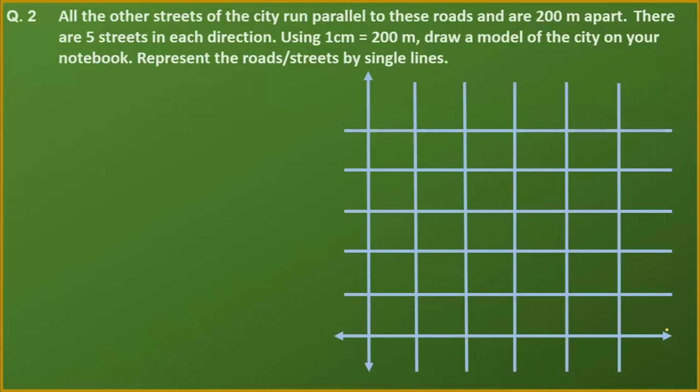In this model, the arrow lines you are looking at show the main roads, and along with them I have drawn 5 vertical lines to show the parallel roads, and 5 horizontal lines to show the parallel roads along the east-west direction.